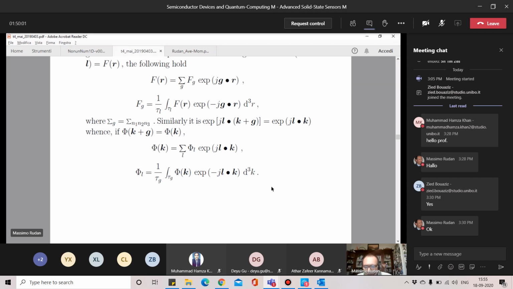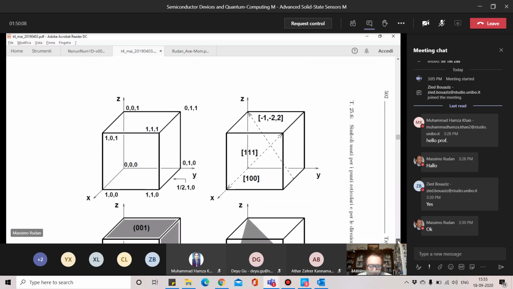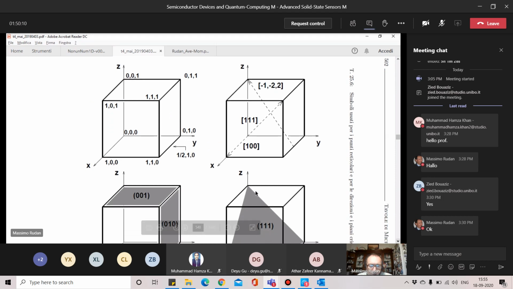So we now go over and examine some properties of the so-called cubic lattice.